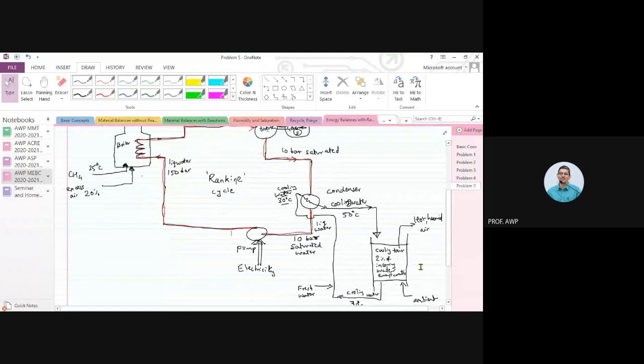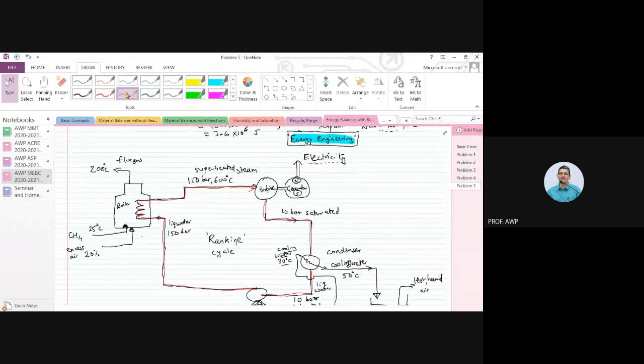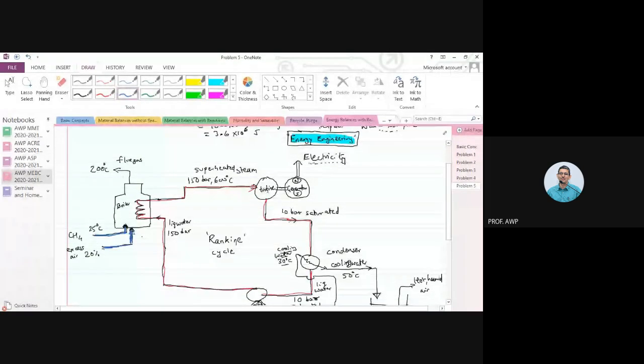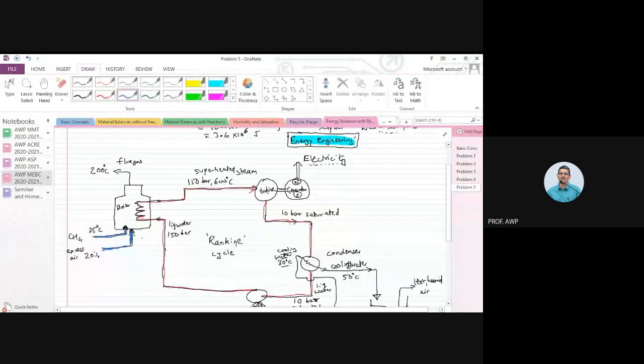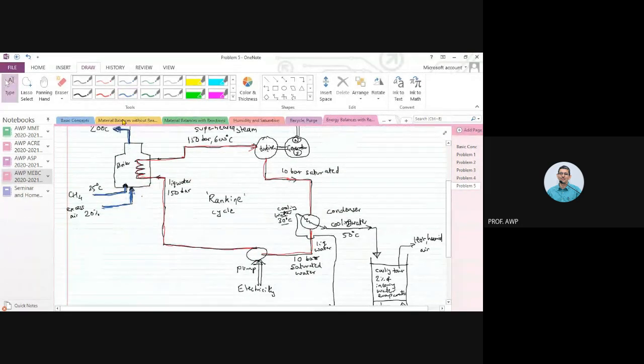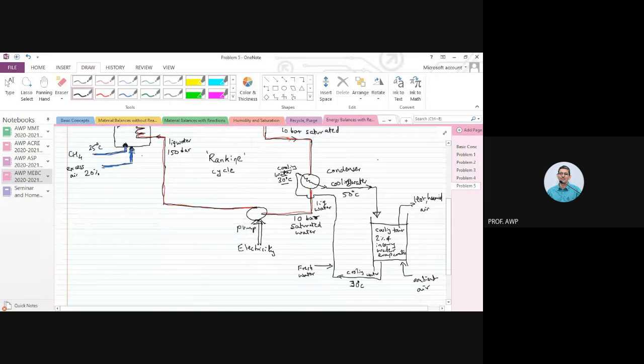And there is a separate source of heating, which is this fuel, methane and air, that gets burnt, and then that becomes the flue gas. And there's a separate water cycle, this black cycle, cooling water back, and then there is fresh water.